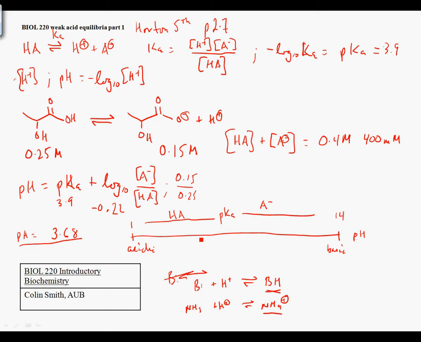And likewise for a base, if the pH is more acidic, it exists in the protonated form, which in this case is going to be positively charged, and above the pKa, it's going to exist in this neutral form. So that's very useful for us conceptually to say, is this side chain, is this part of the molecule charged?